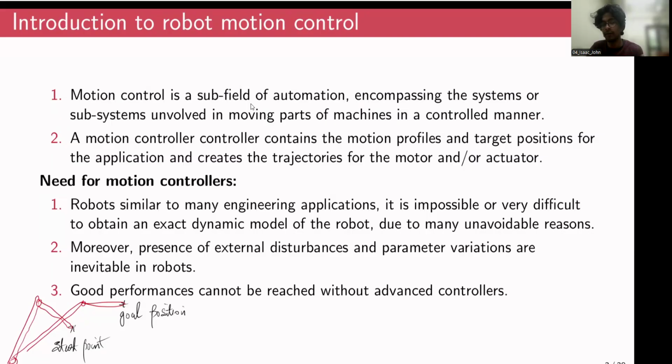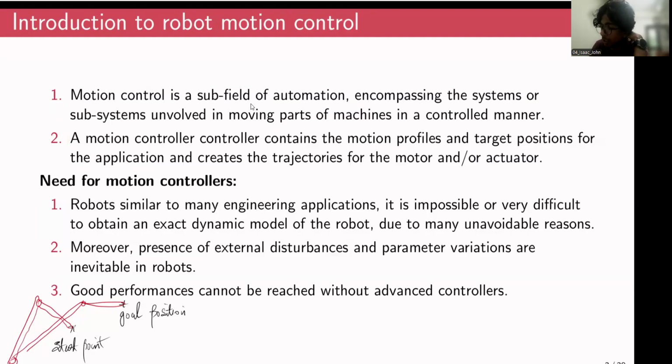So depending on whether it is set point control or trajectory control, the controller would have to provide the corresponding inputs to the motors or to the actuators. So that's what the second point says.